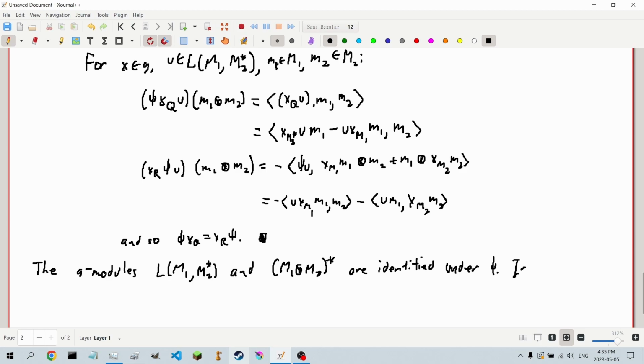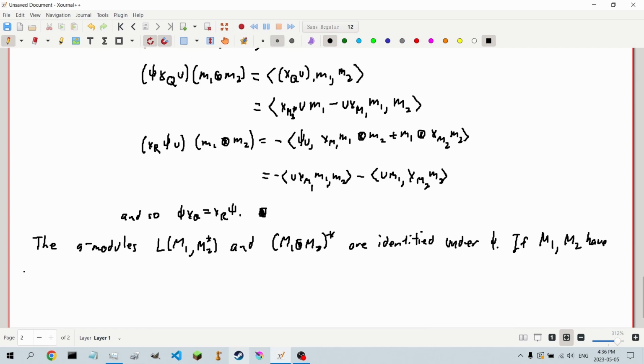So if M1 and M2 have finite bases, then our first map phi is also an isomorphism.